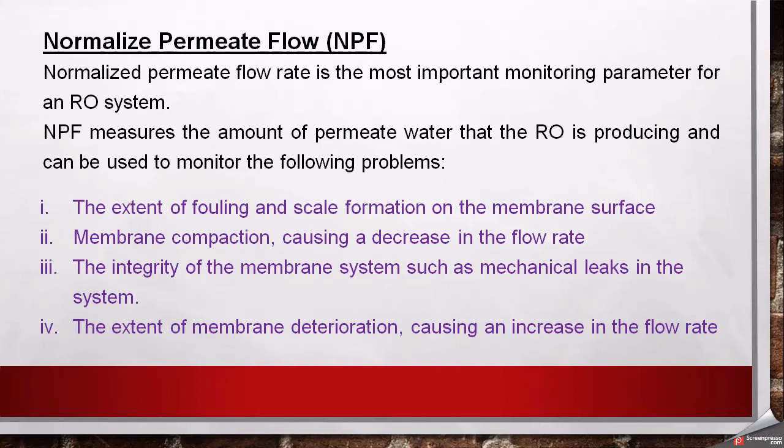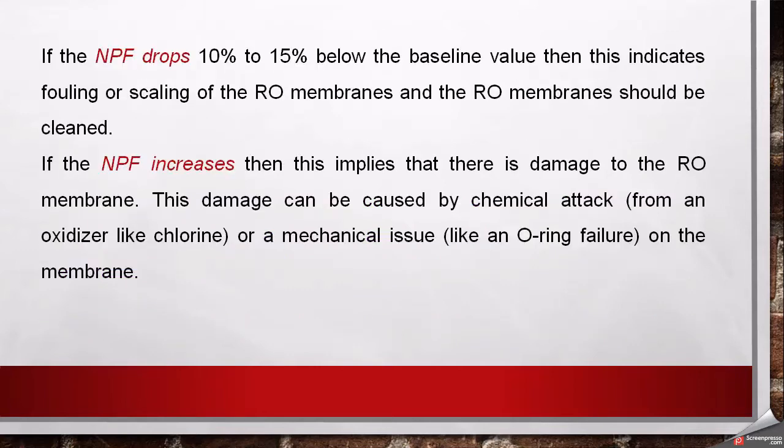Two, membrane compaction, causing a decrease in the flow rate, of course, because it reduces the size of the holes in the membrane and reduces the passage of the permeate. Third, the integrity of the membrane system, such as mechanical leaks in the system. Fourth, the extent of membrane deterioration, causing an increase in the flow rate. So these are a few aspects which are related to the NPF.